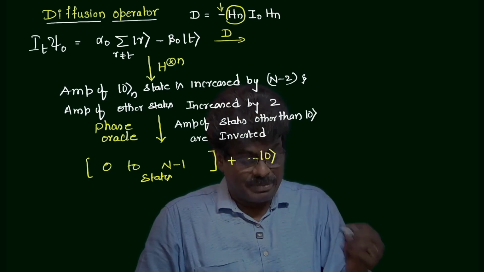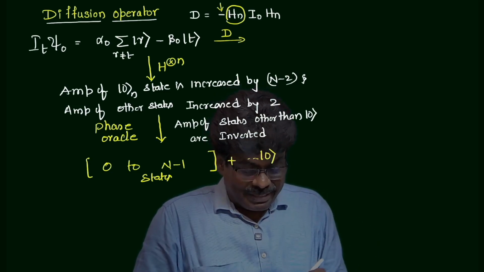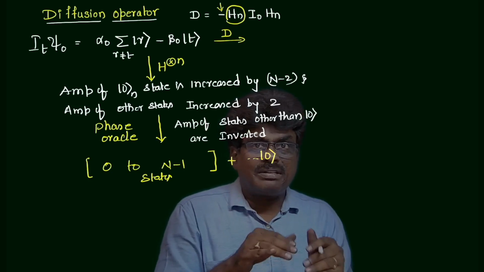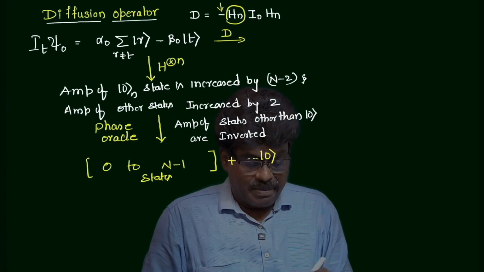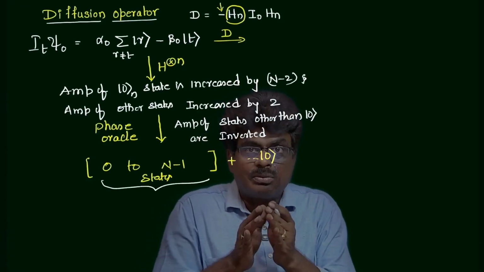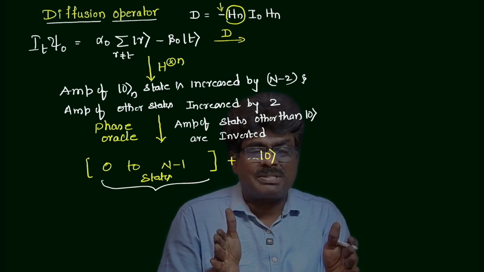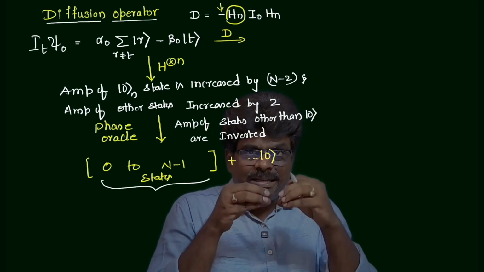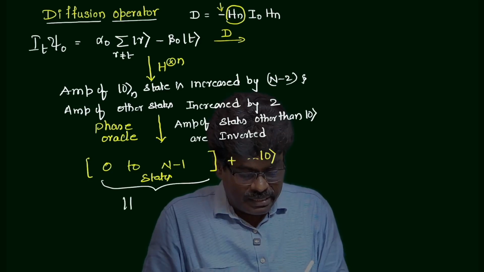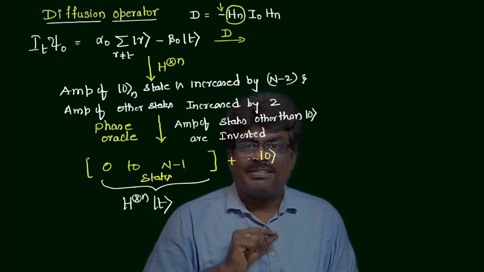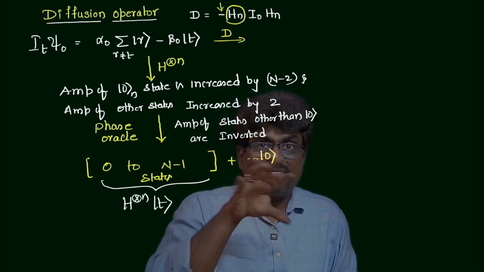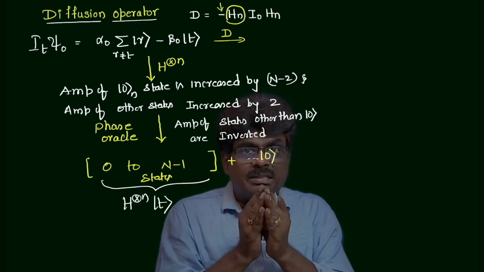Okay, so carefully observe. Now the beauty is, why we have inverted these amplitudes: this is exactly the same as this one. We have a superposition of 0 to N minus 1 states. This exactly matches H tensor n operating on the target state. For example, the target state is 5.